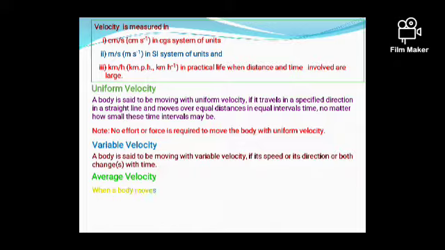Now comes average velocity. It is a little different from average speed. For average velocity we have to say total displacement by total time taken.